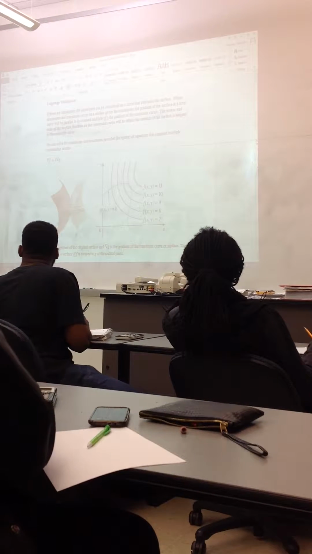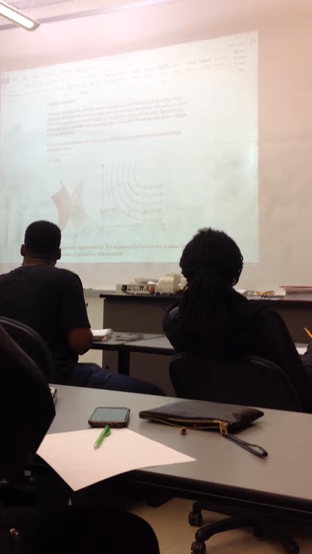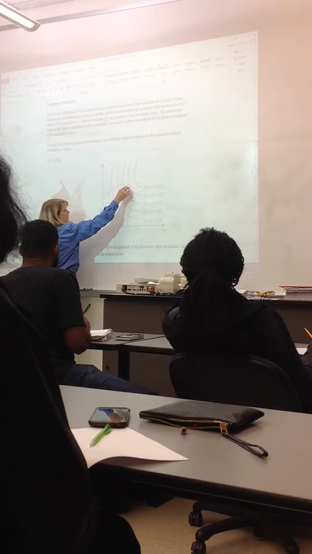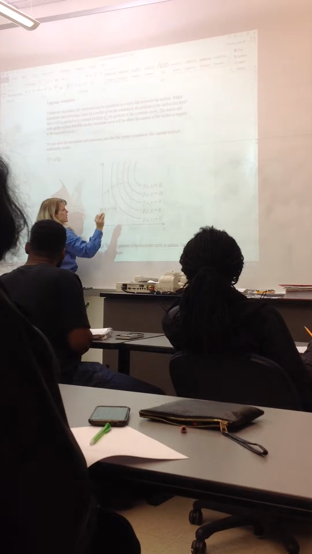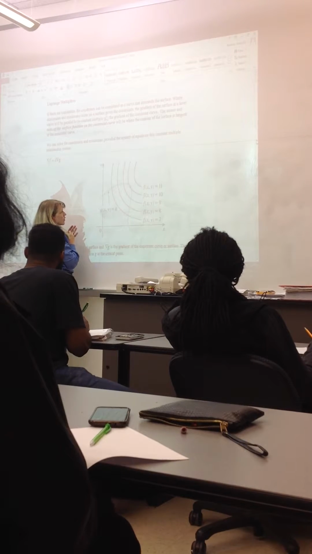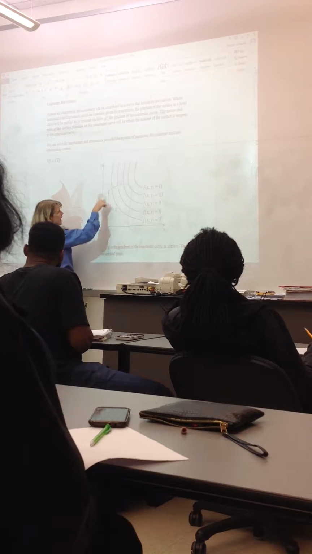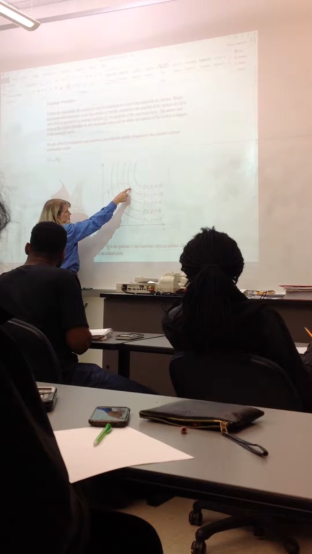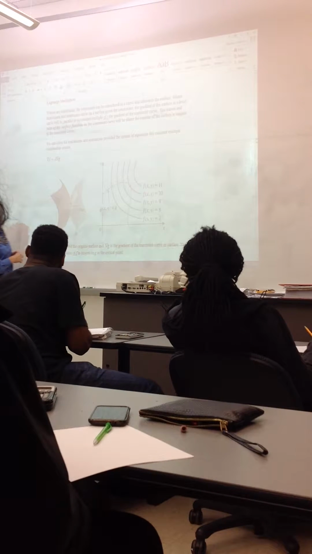And the premise behind the method is that if you have a constraint, the constraint is going to create a max or a min where its contour is tangent to the contour of the surface.